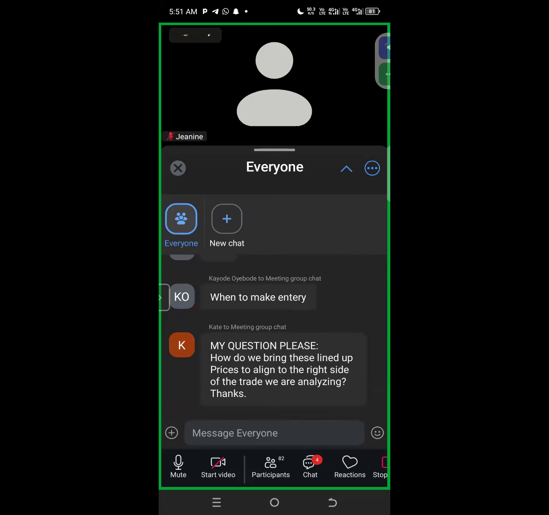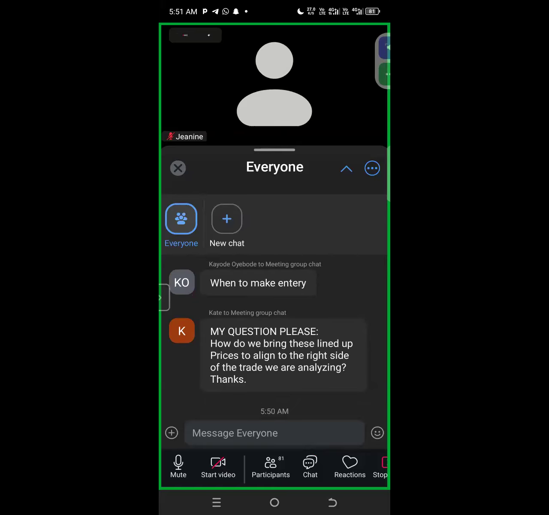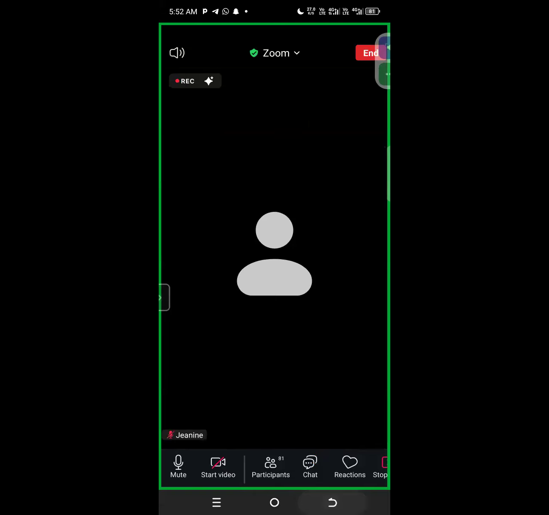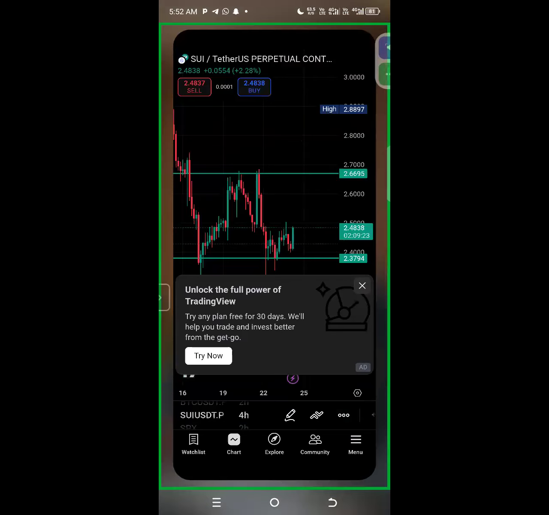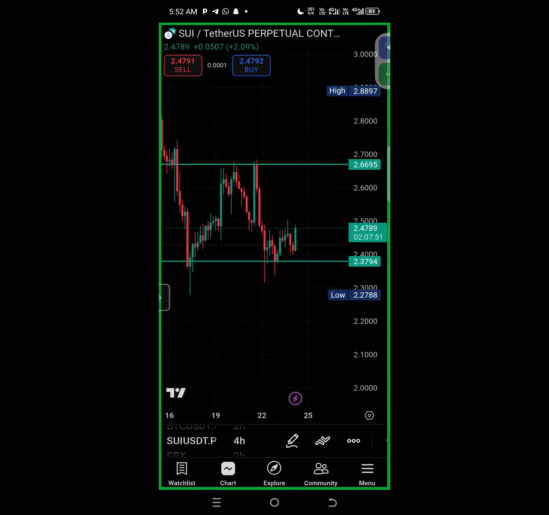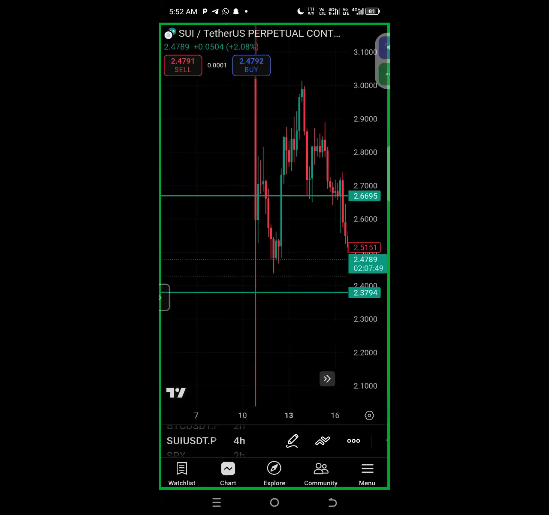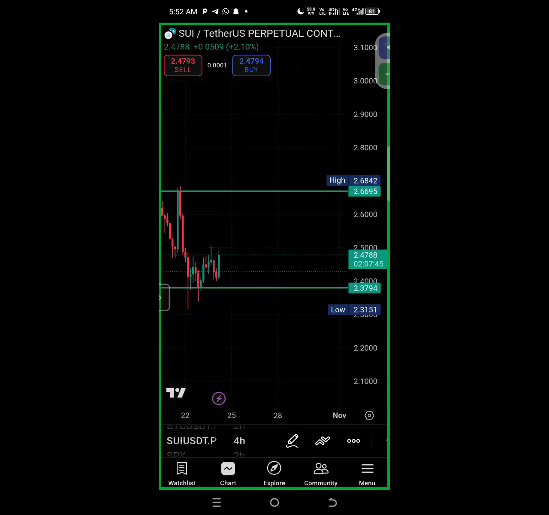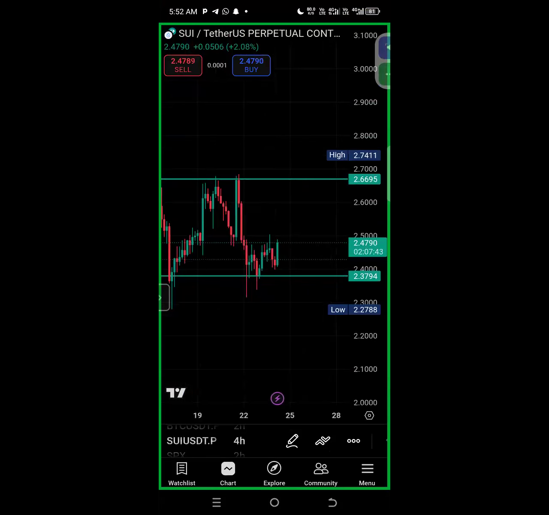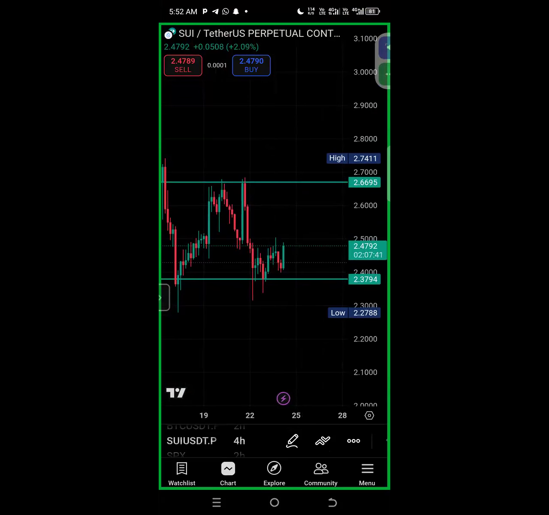How do we bring these lined up prices to align to the right side of the trade we are analyzing? Let me see if I get you right. You are asking how do we get to know or trace these prices to predict what is going to happen in the future? If I'm right, I don't know if I'm right with the question you are asking.